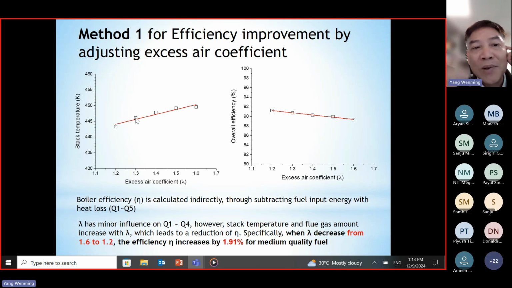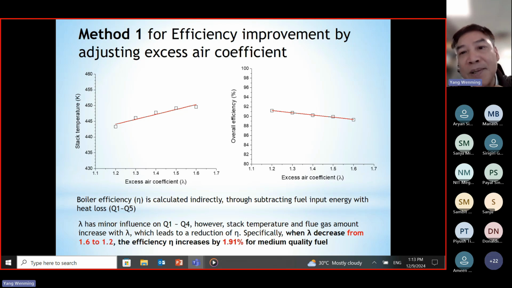Thereby we can reduce the stack temperature and improve the efficiency. For example, we can increase from here to here, then we can see the efficiency will be increased by 1 point something. If the value is 1.6 and drops to 1.2, then the efficiency will be increased by 1.9%.